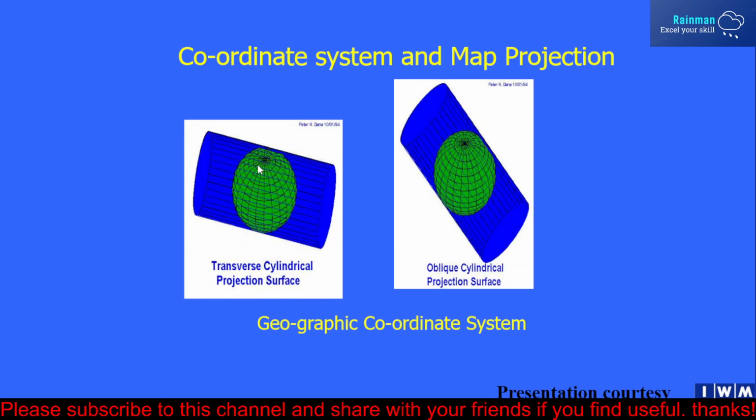The globe is like this, and you put your cylinder in a transverse way, and this is in an oblique way, and then cut your cylinder and unroll it, and you will get a surface, and the projection coordinate system will be created.